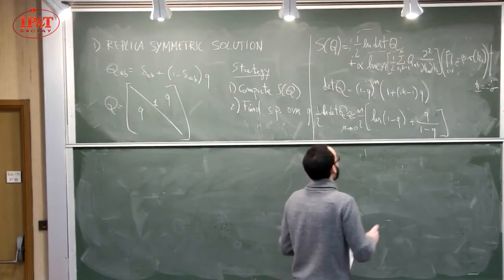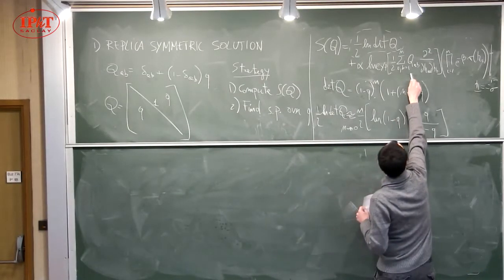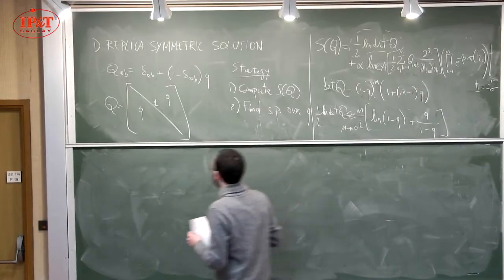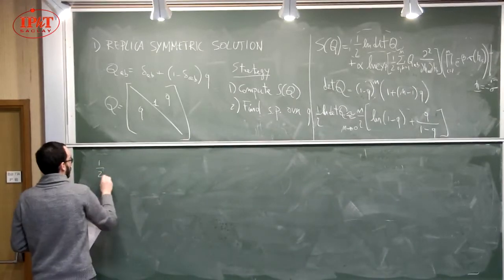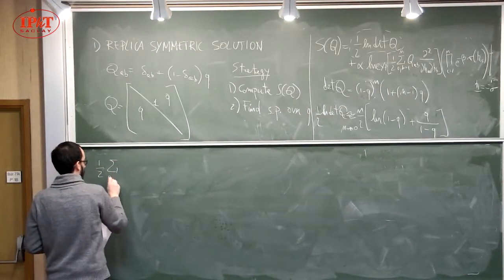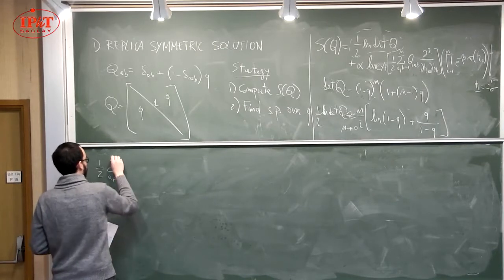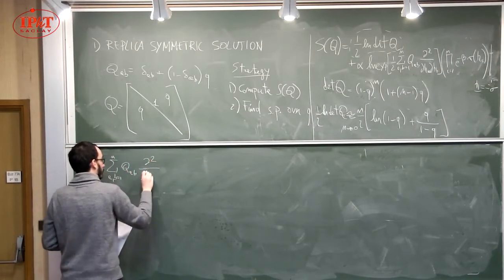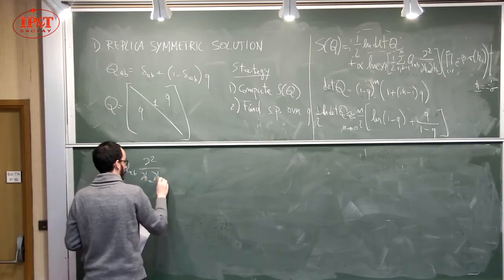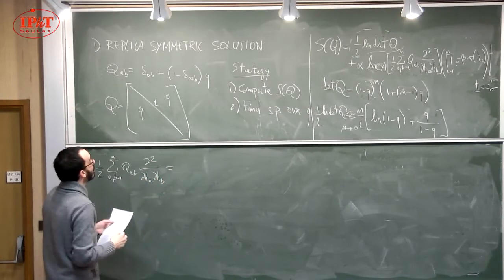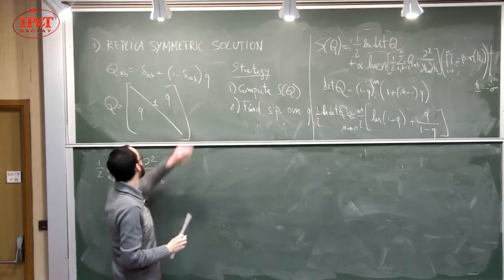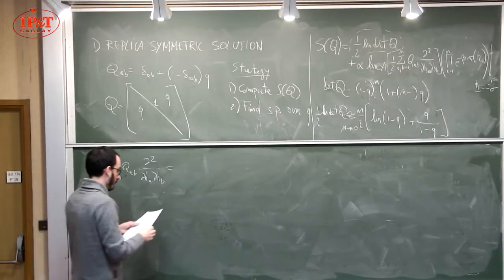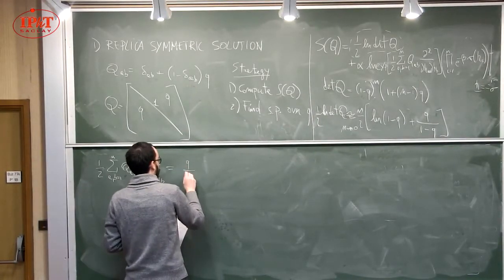Let me focus on the argument of the exponential function. If I plug these ansatz inside this, what I get is simple, it is Q alpha.